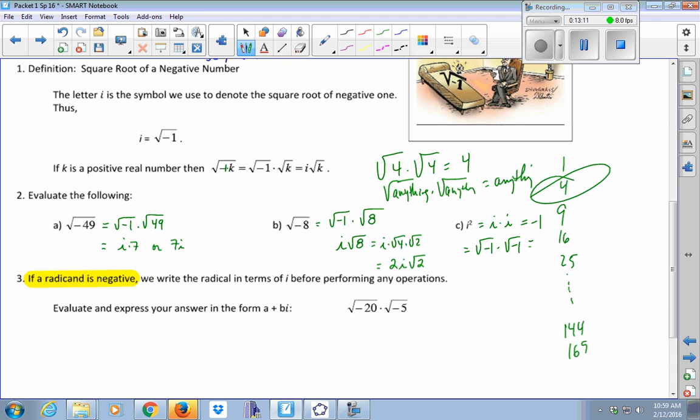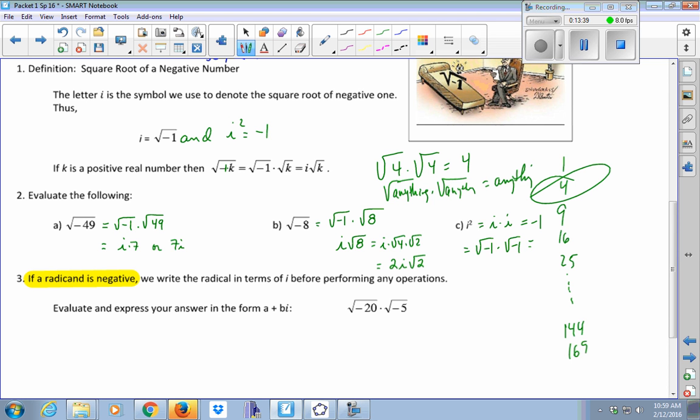So for our purposes in Math 107, and for the arithmetic that you do with complex numbers, like when you multiply them, this is the only power of I that you need to know. You need to know what I is. I is the square root of negative 1. And you need to know that I squared is negative 1.